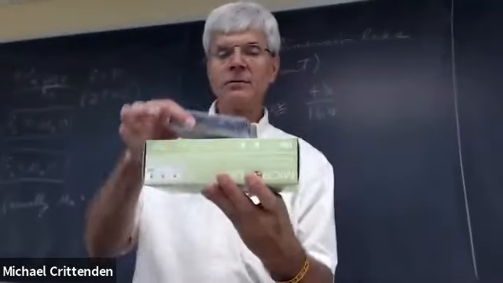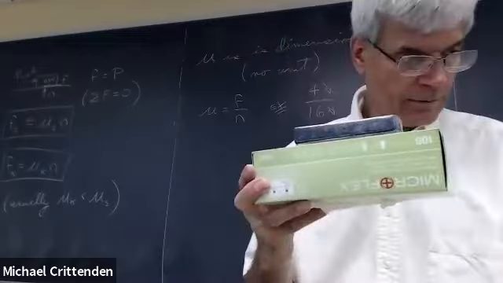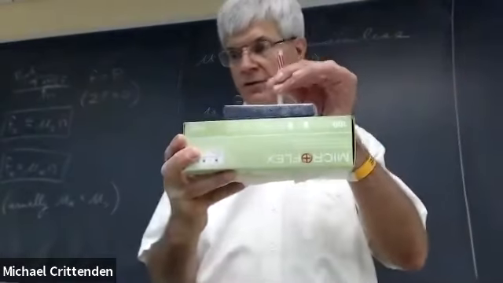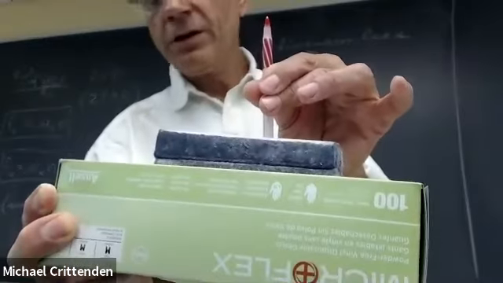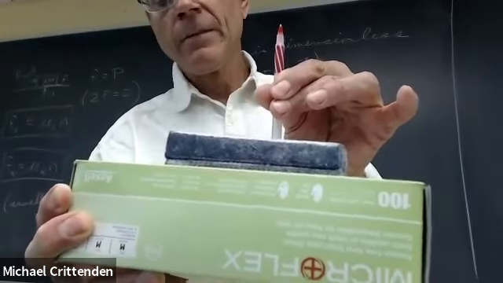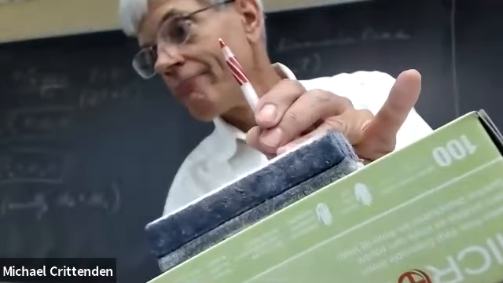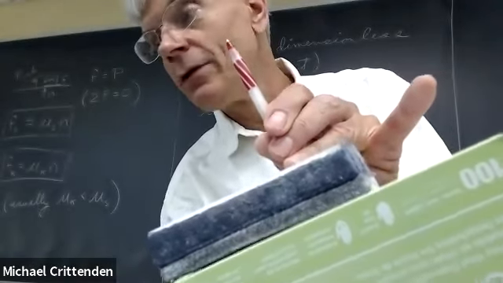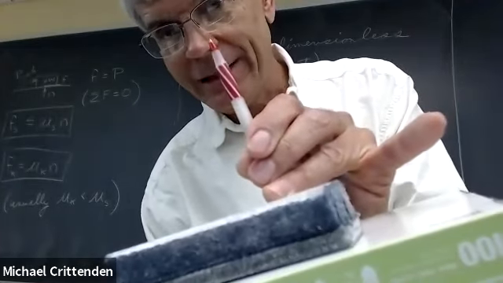okay, you've got something sitting on something else. The normal force points that way, perpendicular to the surface. If the thing is sitting on an incline, the normal force is still normal to the surface. The normal force is not necessarily vertical.